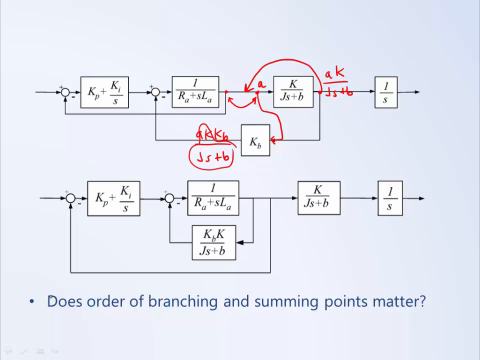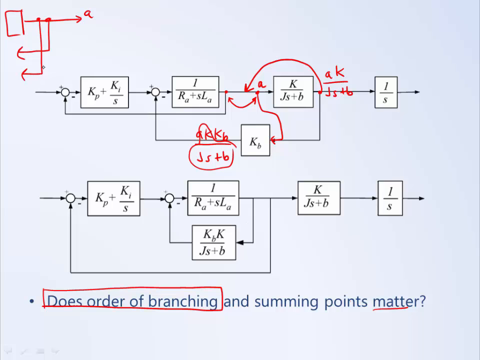And so now the question is, does the order of branching matter? So let's real quickly think about this. I have this signal A, and I have one branch off, and I have another branch off. Since they're both branching from this signal A, they're both equal to A. If I swap these, does that fundamentally change anything?